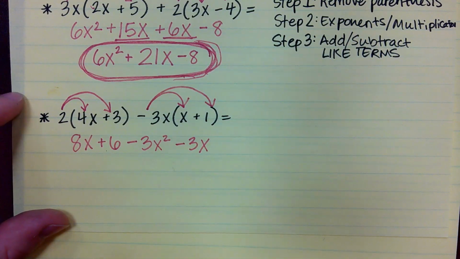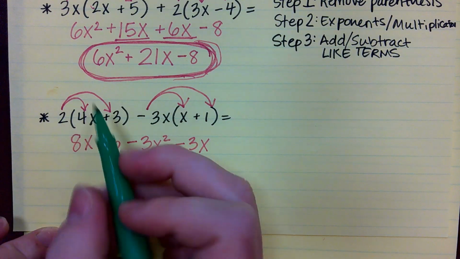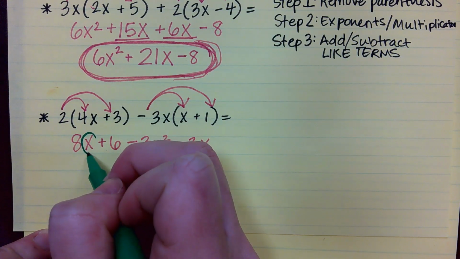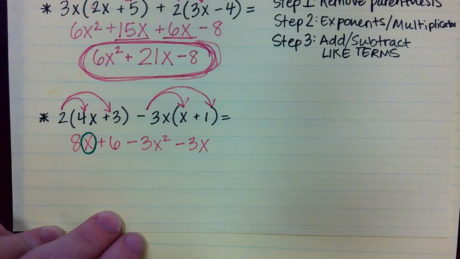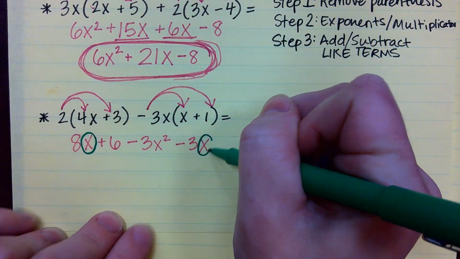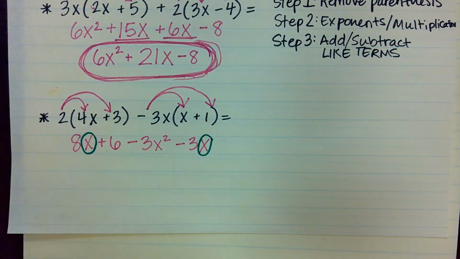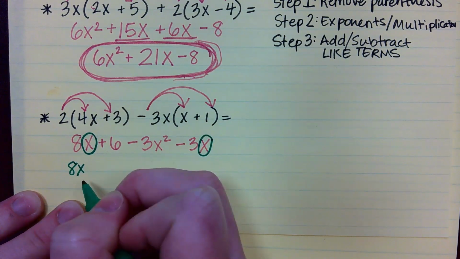We're just adding and subtracting here. We did all our parentheses. So let's start with the first term. I've got 8x. Do I have x by itself anywhere else? Oh yeah, negative 3x, minus 3x. So let's rearrange this and write those beside each other. I've got 8x. That's where I stopped.